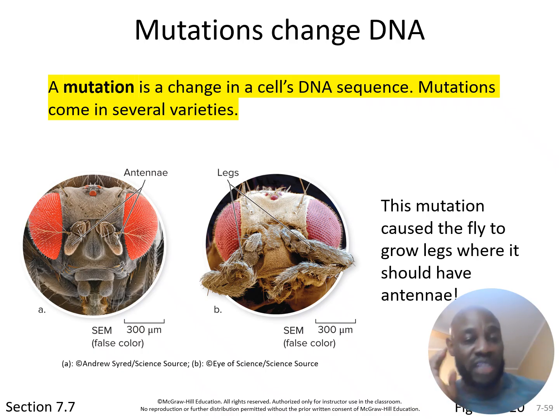DNA can also mutate. Unfortunately, this can cause many problems, but it is something that is important for us to study. A mutation is a change in a cell's DNA sequence. Now, we saw that each codon, a set of 3 nucleotides, will code for a specific amino acid.